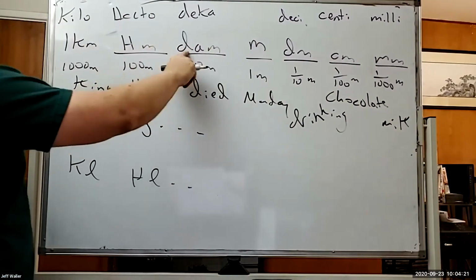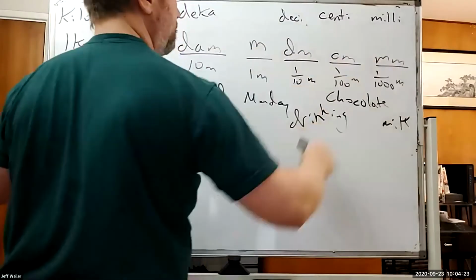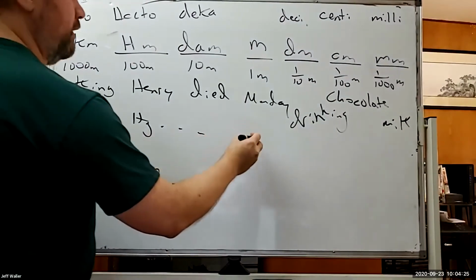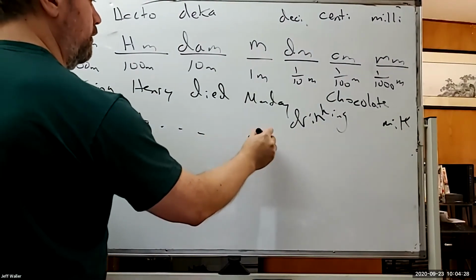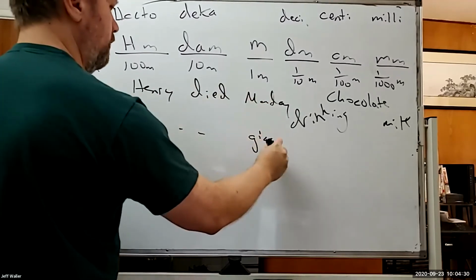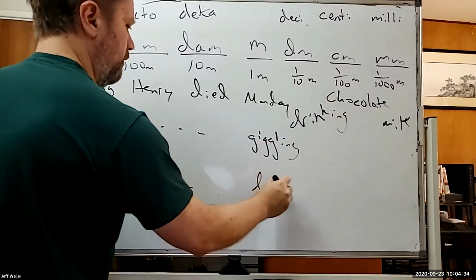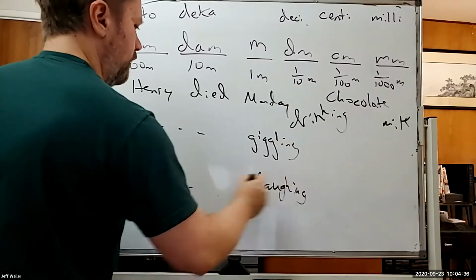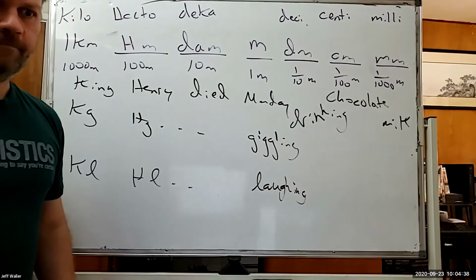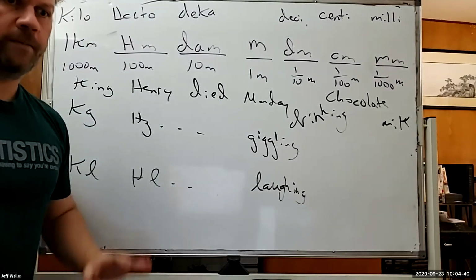King Henry died Monday drinking chocolate milk. Now for grams, I hear sometimes giggling. King Henry died giggling, drinking chocolate milk. And for liters, I don't know, laughing. I don't know why he'd laugh as he dies. All right, let me let that sink in.